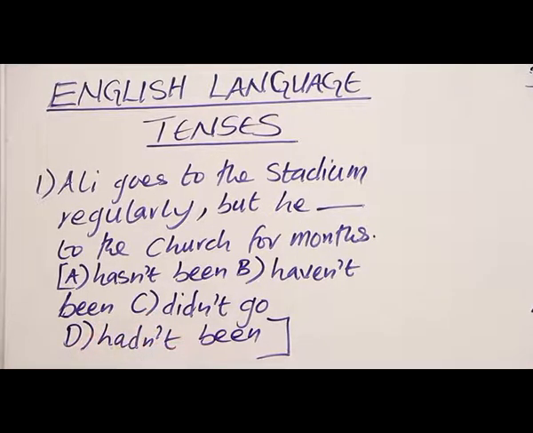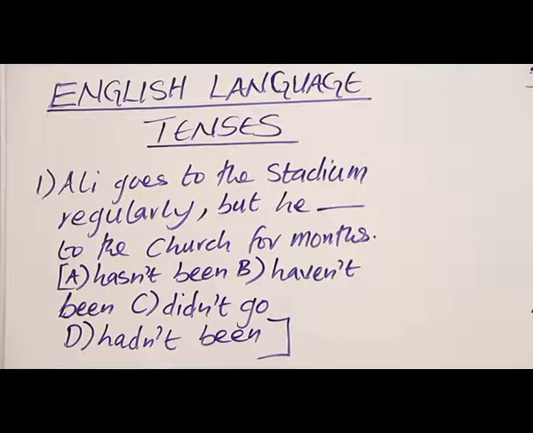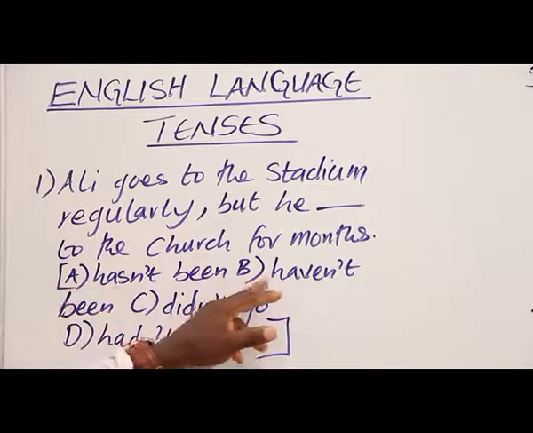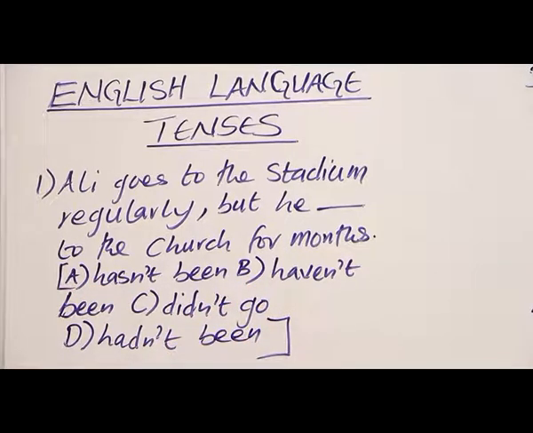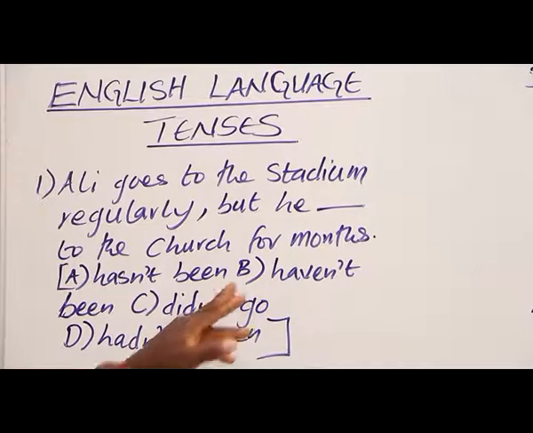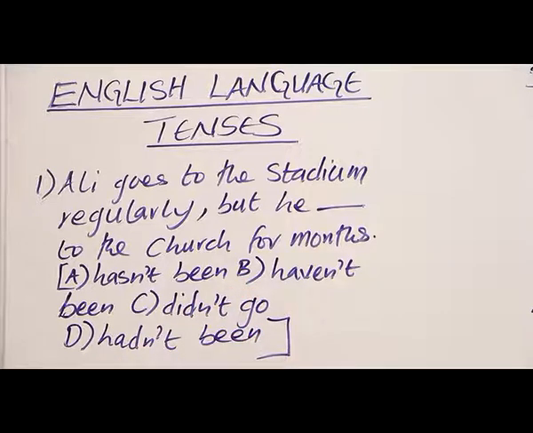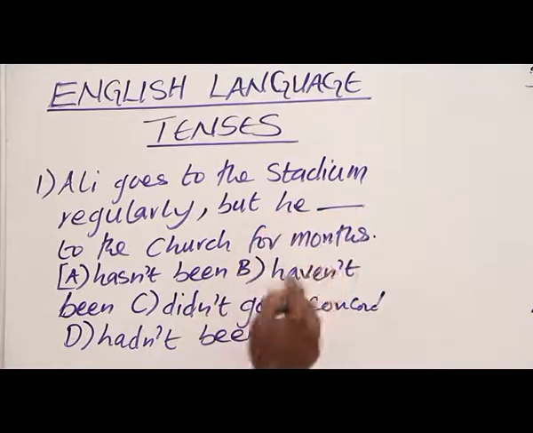Then didn't go. It's also past tense, and of course, even the way it is expressed won't work in this case. But he didn't go to the church for months. It's also past form, so that won't work either. And that leaves us with A and B, which are present forms that should fill the space. Now, B will not work based on the principle of concord, because he doesn't agree with haven't.